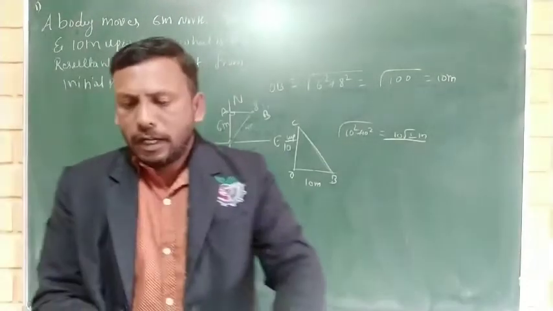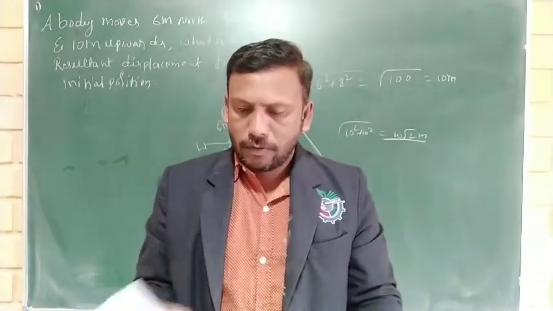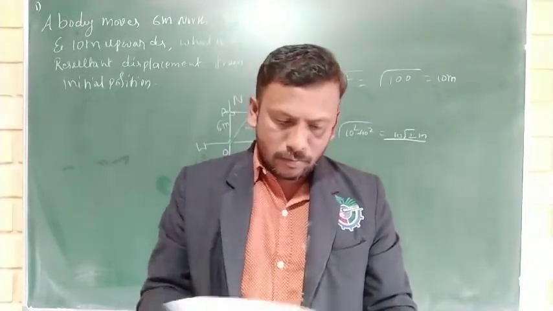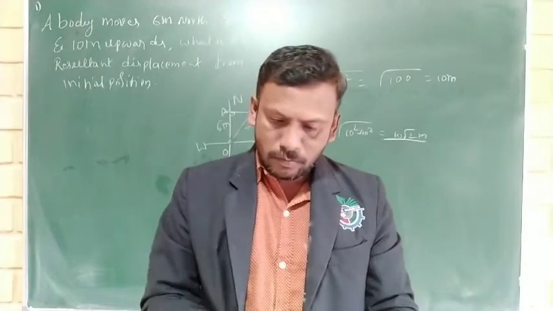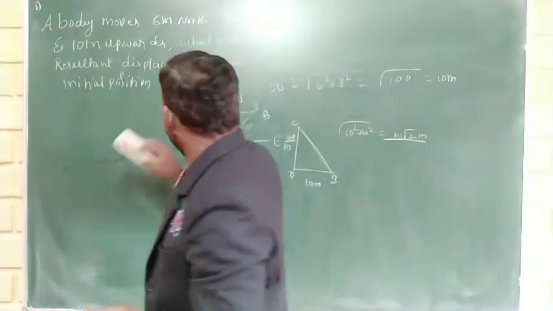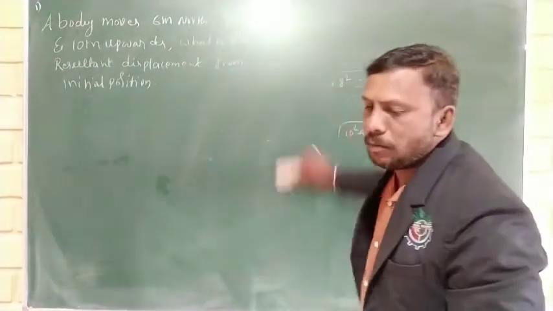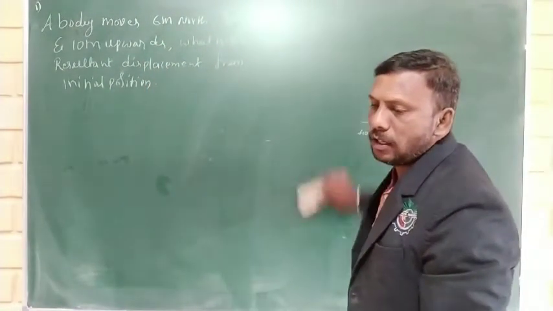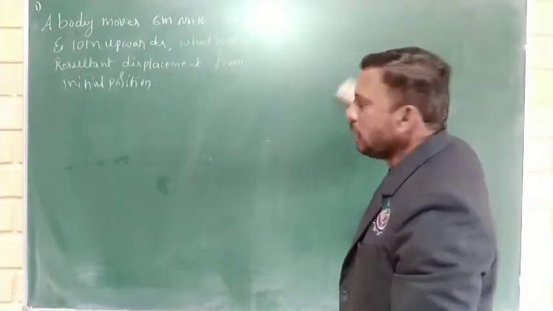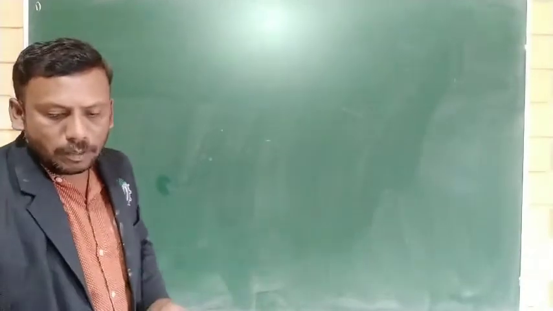Okay. Next question is similar to this. A person moves 30 meter north and then 20 meter east and finally 30 root 2 meter in southwest direction.